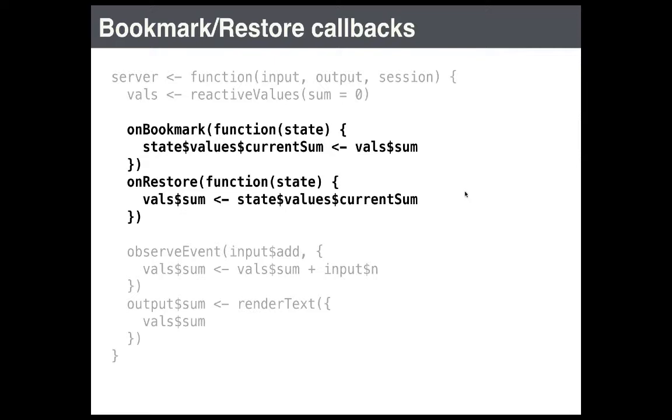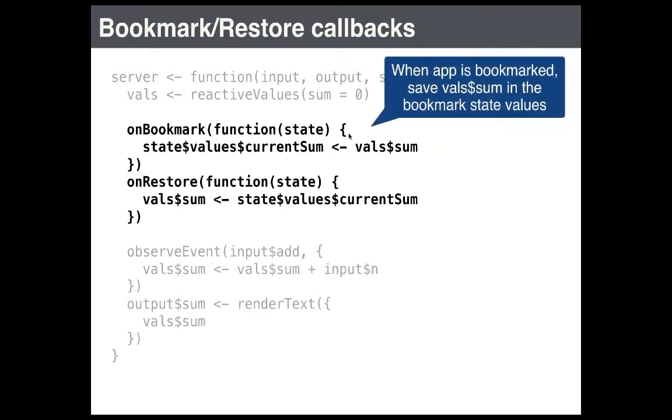So these two callback registration functions are onBookmark and onRestore. What this one does is we call onBookmark and we pass it a function that takes one argument, state.